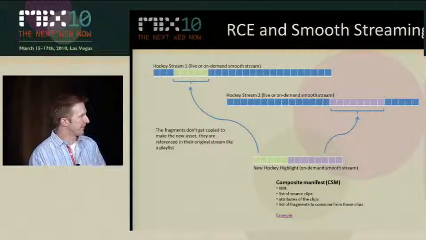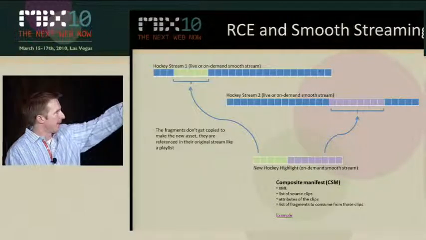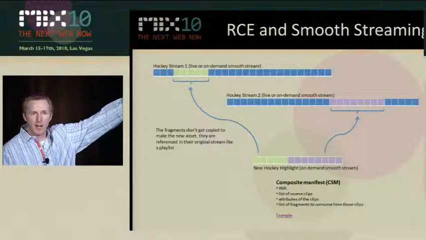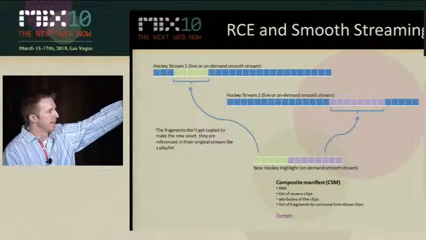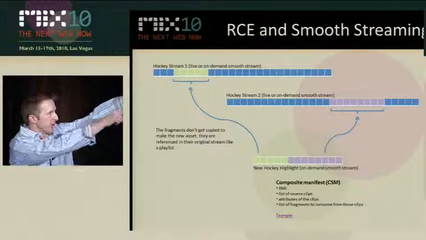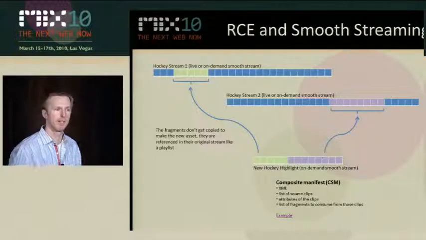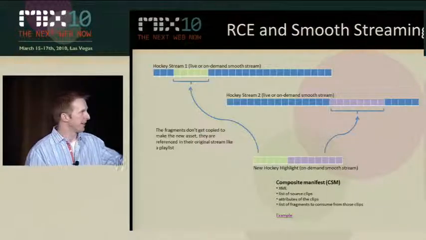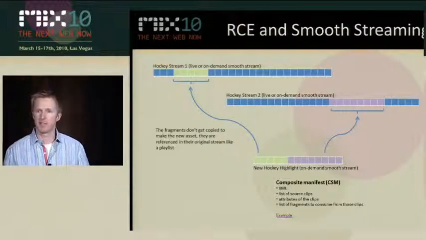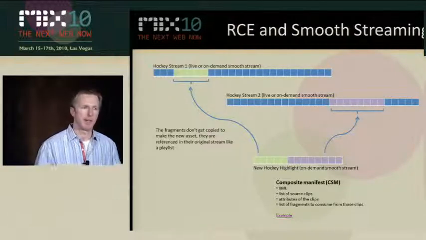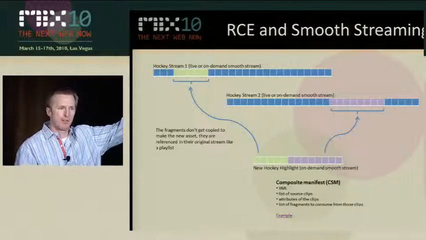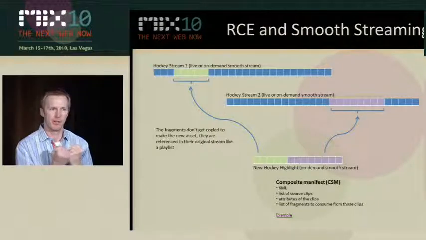So as you see in this example, my new hockey highlight, I'm going to reach out and play 5 fragments from Hockey Stream 1, and then when those are done, I'm going to reach over to Hockey Stream 2 and play 8 of those fragments. Now the important thing to note here is that I'm not actually grabbing those fragments and pulling them down into a new asset.